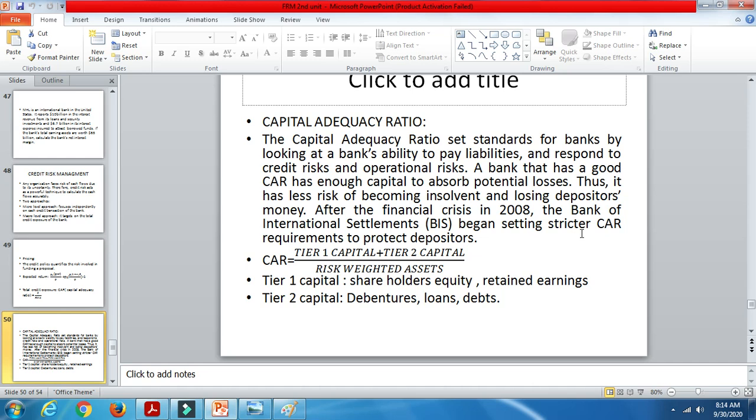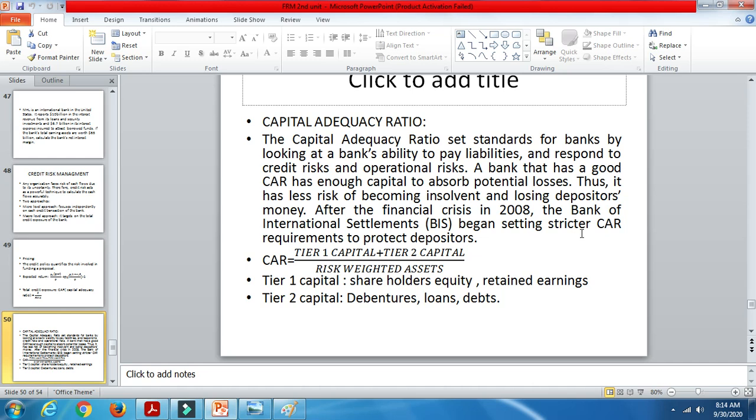Here also it's about managing risk, but by looking at the bank's ability to pay liabilities and how the bank is responding to credit risk and operational risk. A bank that has a good CAR has enough capital to absorb potential losses. The maximum limit is 8%, I guess.